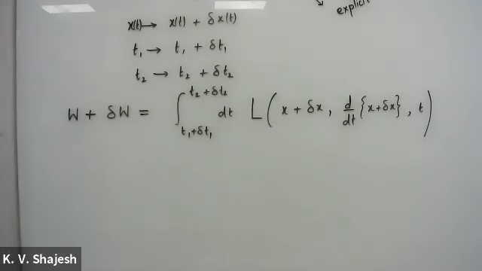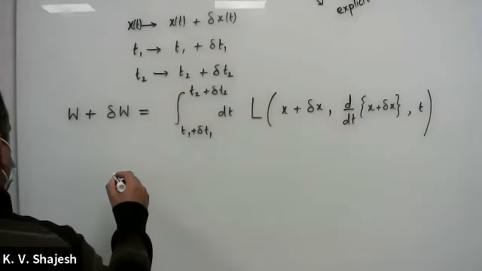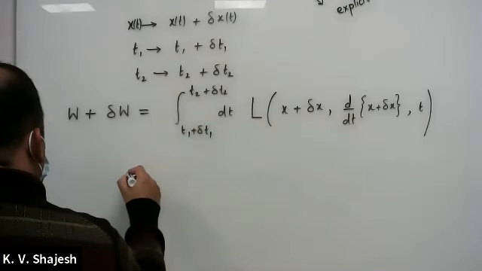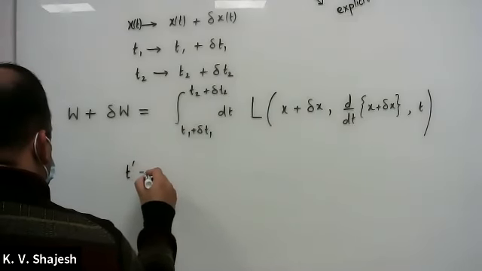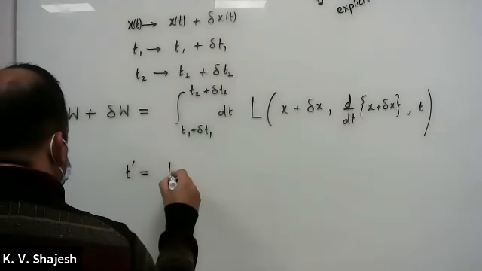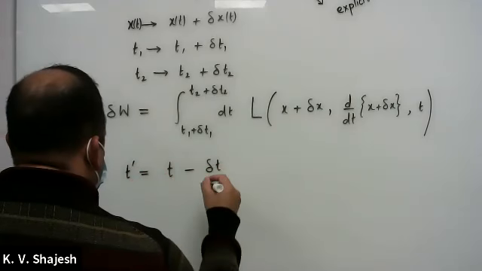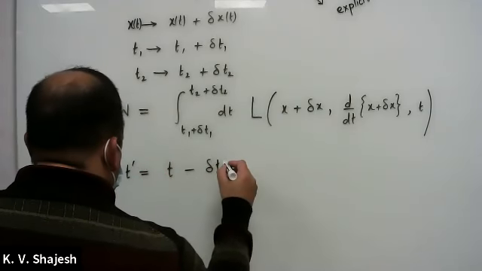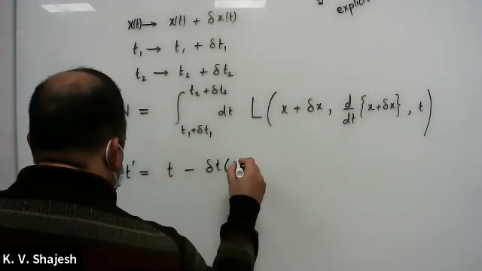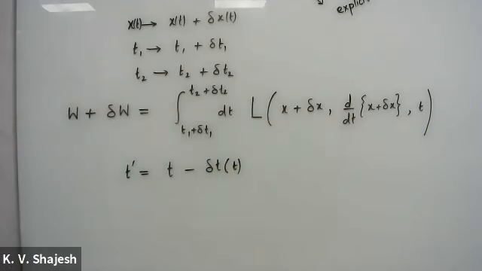And the substitution we make is the following. Let t prime be equal to t minus delta t, and this is an arbitrary function. Let me call that a function of t.